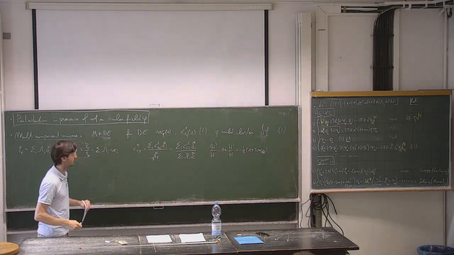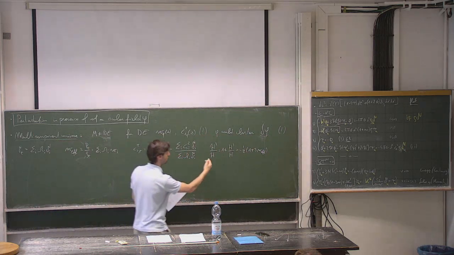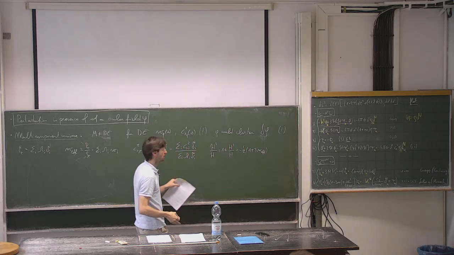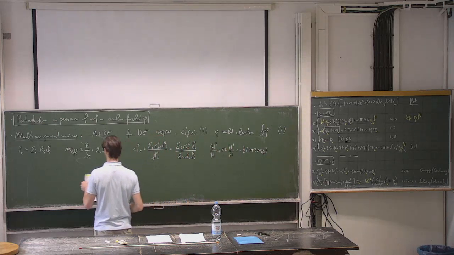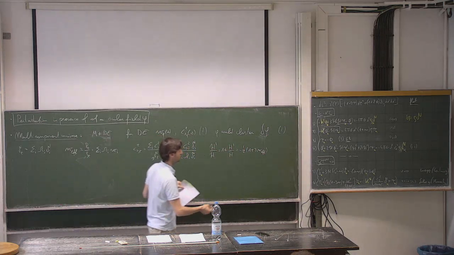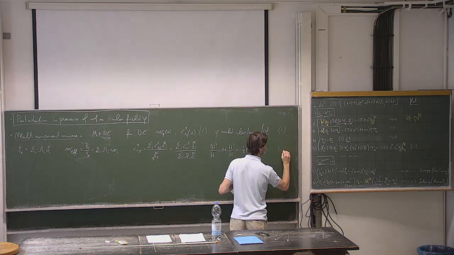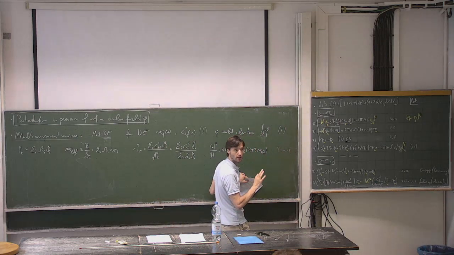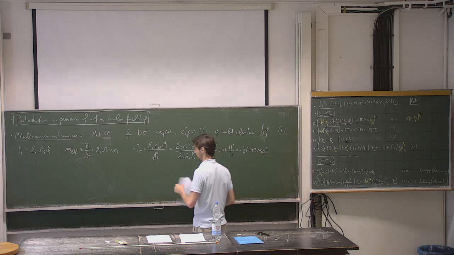Okay, that's very convenient. Again, this is just coming from the Friedman equations, and by using P equal to W rho. Okay, it is a direct result of that.